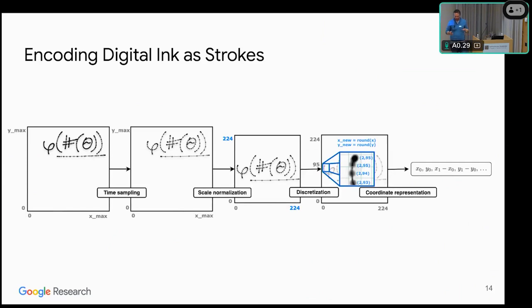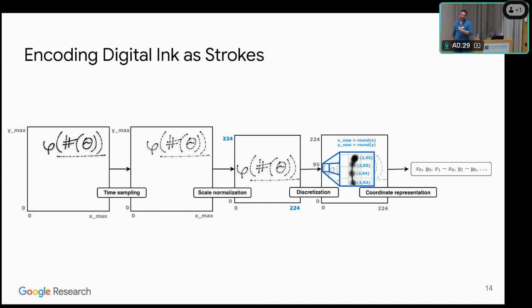So the first way was just to render it as an image, and then we have the image modality, which is well understood, and we have the models for that. The second thing we can do is say, okay, we have this 2D time series, can we tokenize or encode that directly, and then feed those tokens into our large model? We explored that as well, and what you see in the beginning is the original time series. Then you have to decide how much we are going to sample from here, how many points we need.